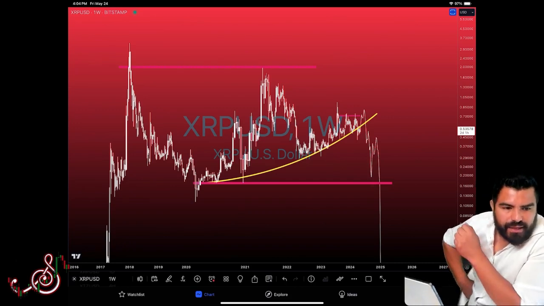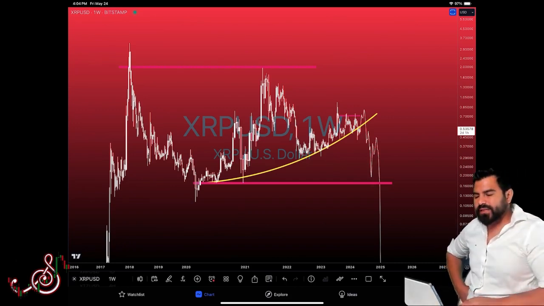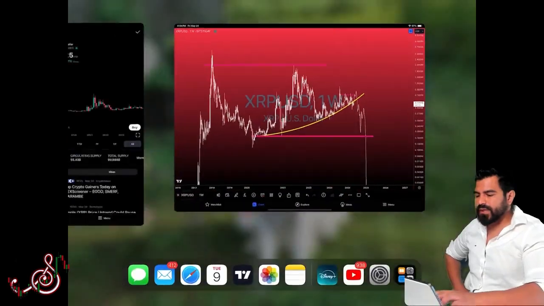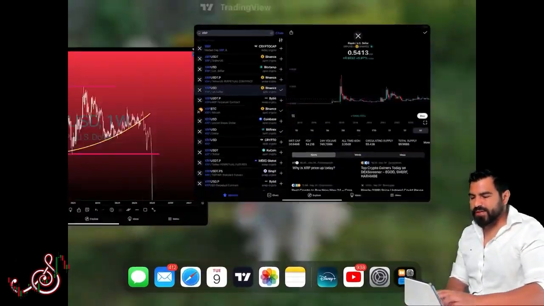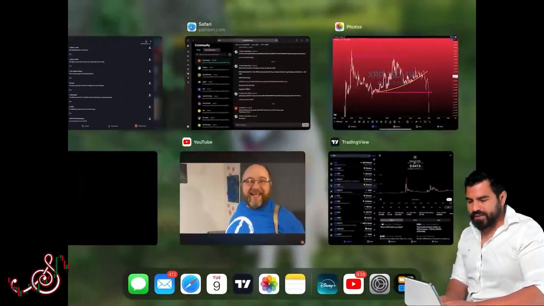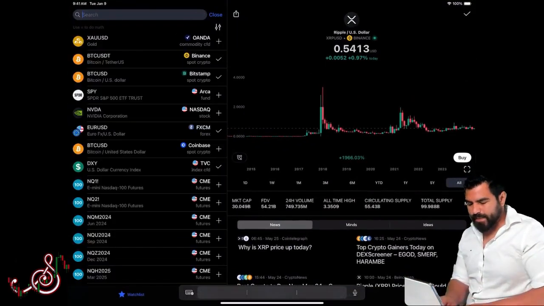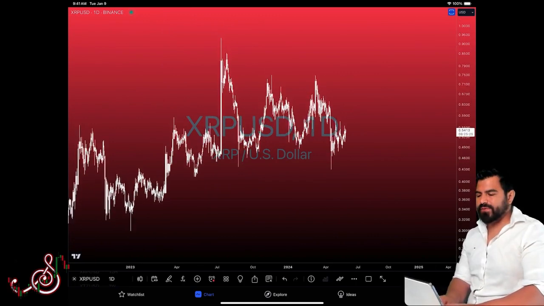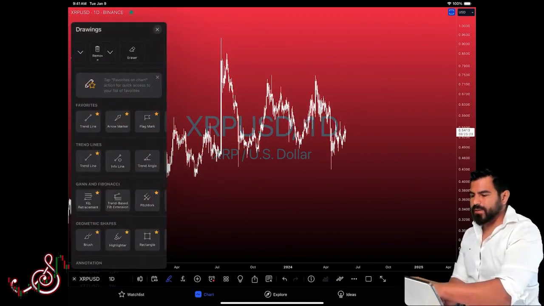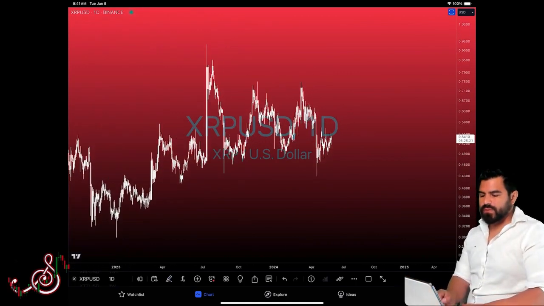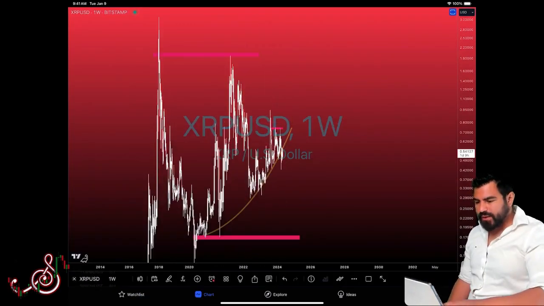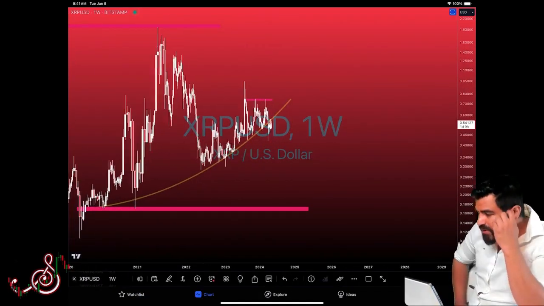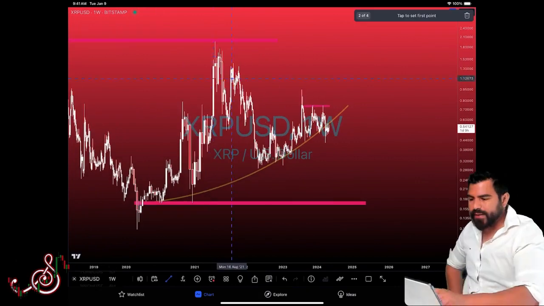Tommy says, what's the timeline of a potential move down to 16 cents? I don't really have a big time frame for this one. What chart is this on? Bitstamp. Let me see if I have an exact time frame. Are we talking about hitting some of these lower numbers? I didn't include this line.